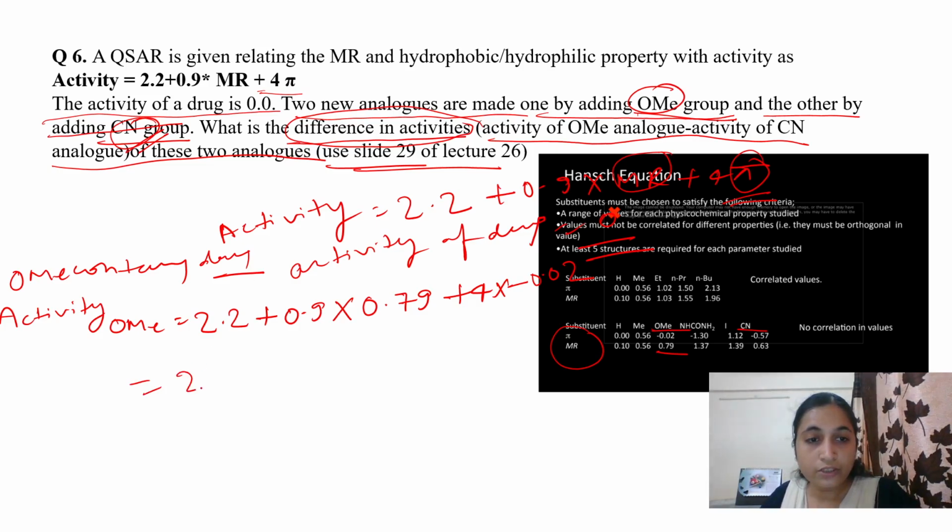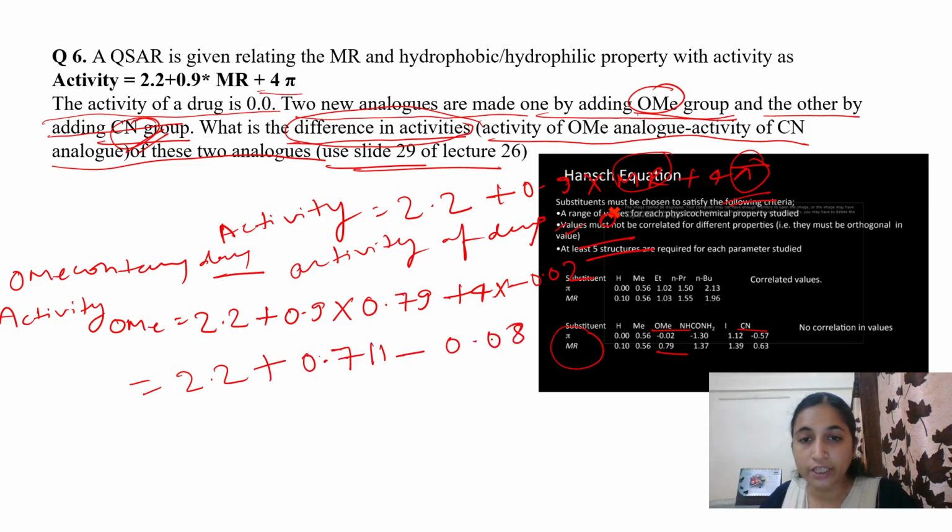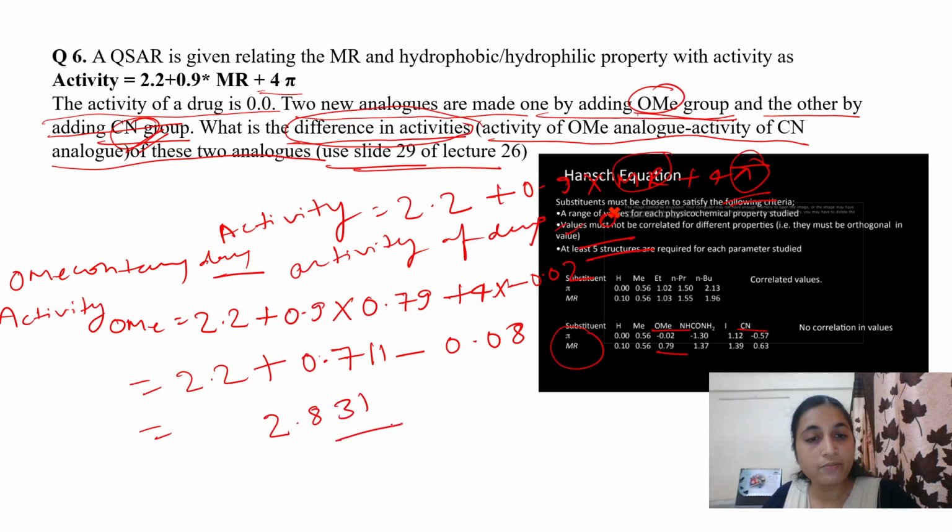So this will be 2.2 plus 0.711 minus 0.08. Right? If we calculate, it will come to 2.831.